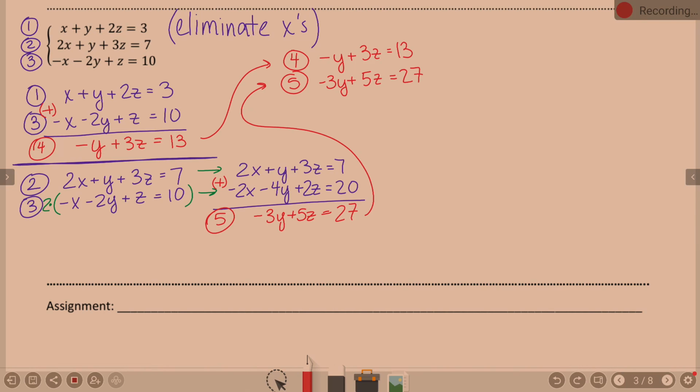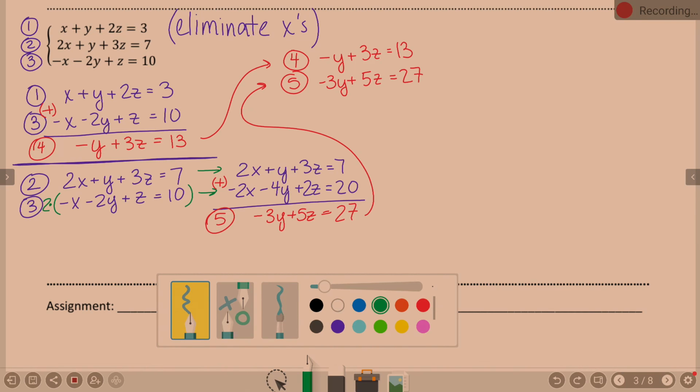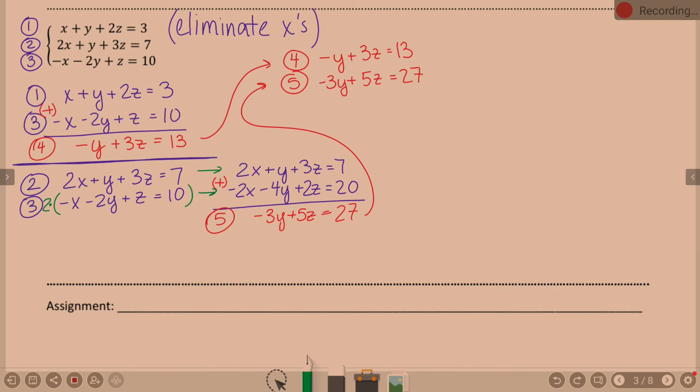and multiply my top equation by negative 3, because then we already have a negative 3 down below, and that'll give me a positive 3 up high. Okay? So if I multiply that top row by negative 3, positive 3y minus 9z equals negative 39.